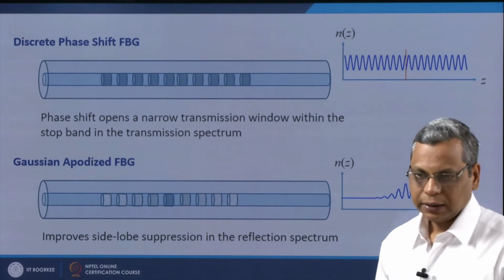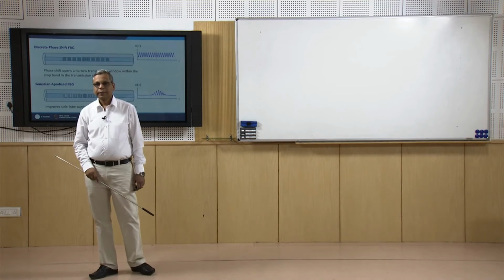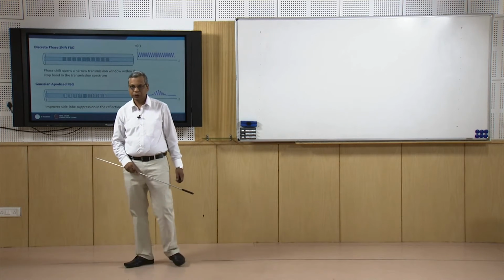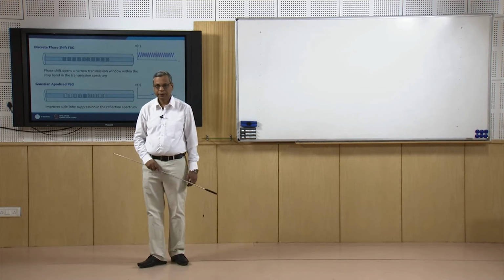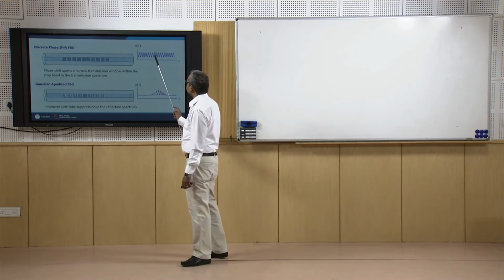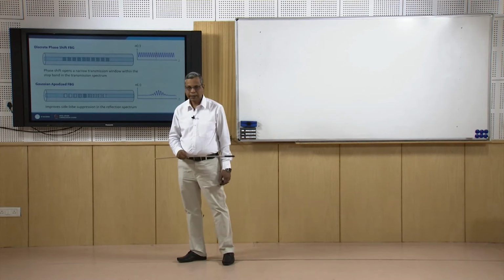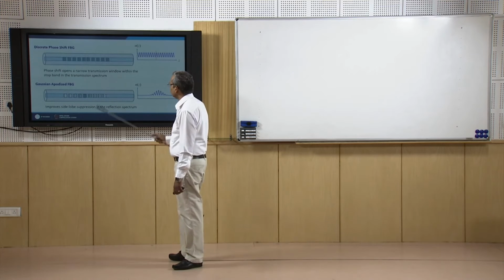I know that if you have a uniform grating, then in the transmission spectrum certain wavelength band is stopped, around the peak wavelength. But if I introduce this kind of phase shift, then in that stop band I can open a narrow transmission window.